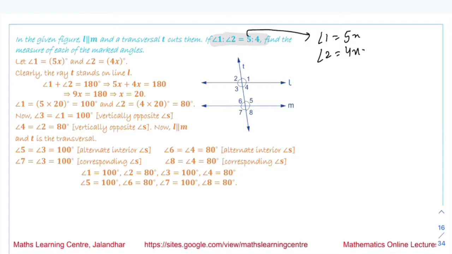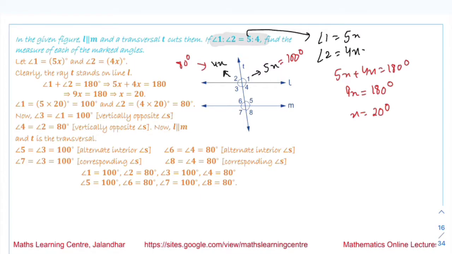This angle is 5x and this angle is 4x, and both form a linear pair. So 5x plus 4x is equal to 180 degrees. So 9x is equal to 180 degrees, and x is 20 degrees. So this angle is 100 degrees, and this angle is 80 degrees.